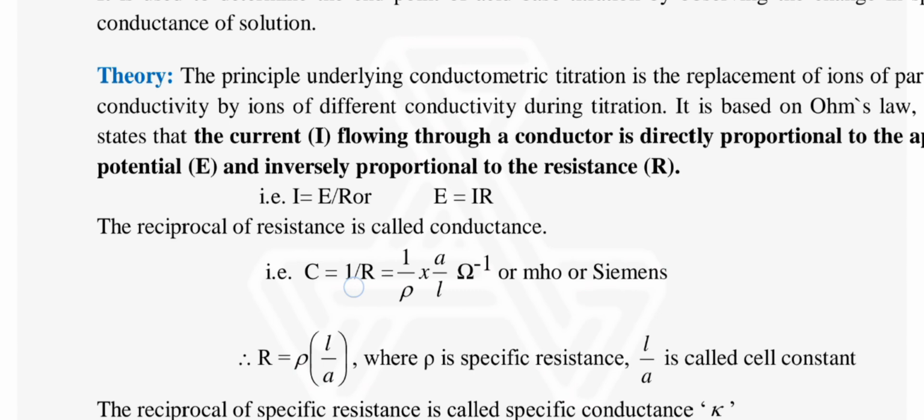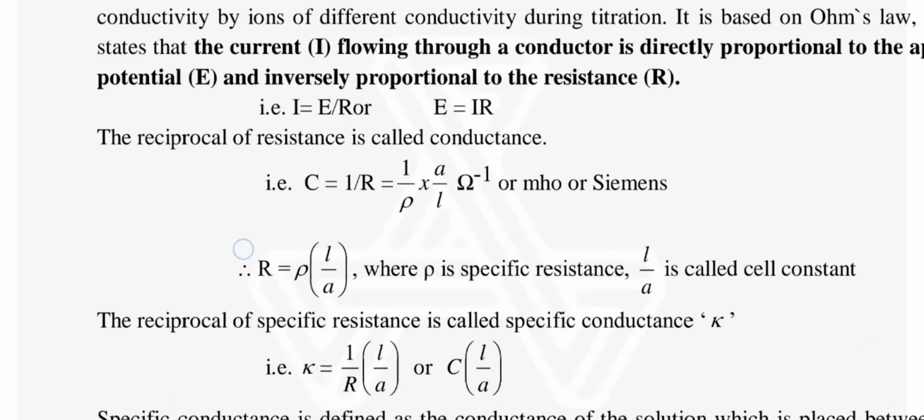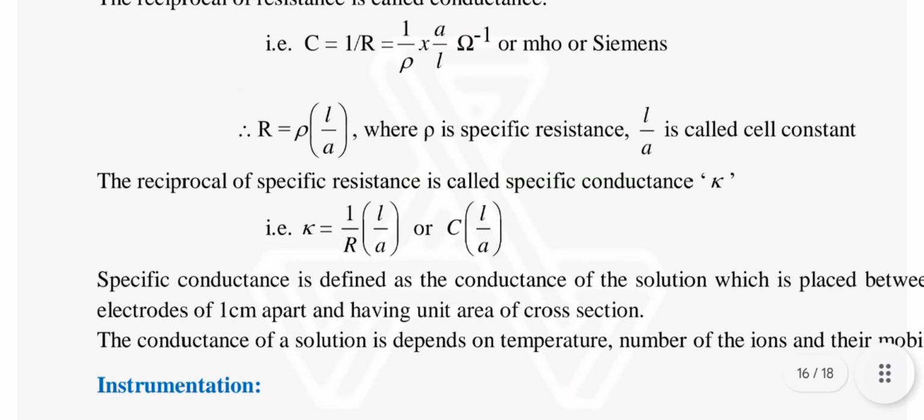The reciprocal of resistance is called conductance. C is equal to 1 by R, which is equal to 1 by rho times A by L per ohm, or Siemens. The reciprocal of specific resistance is specific conductance, kappa, equal to 1 by rho.